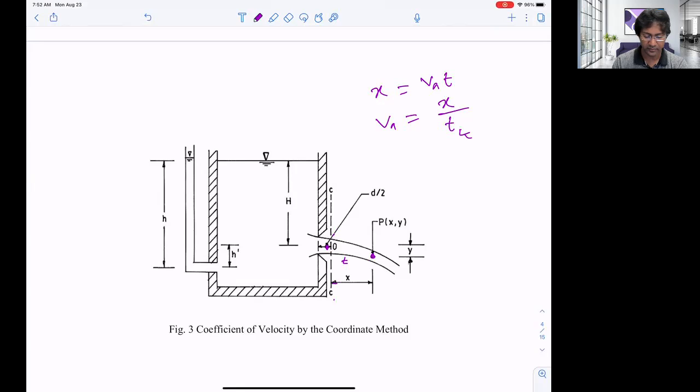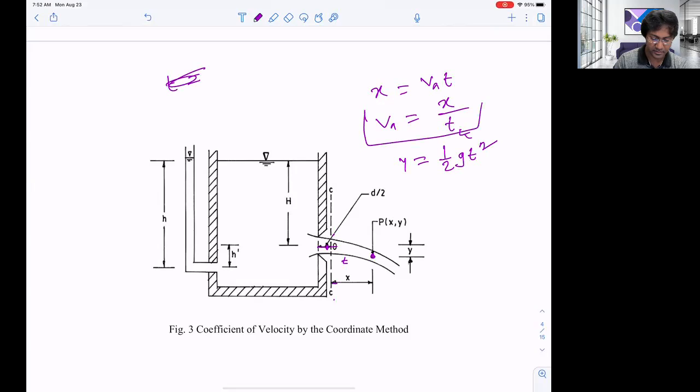So we can calculate y as well. How can we calculate y? Because it is starting from this point, y is equal to half g t squared. So we can replace this t. From the x equation, squaring, we have VA squared equals x squared over t squared.